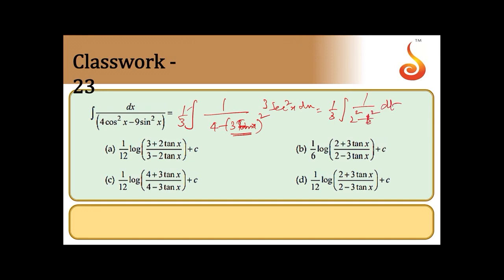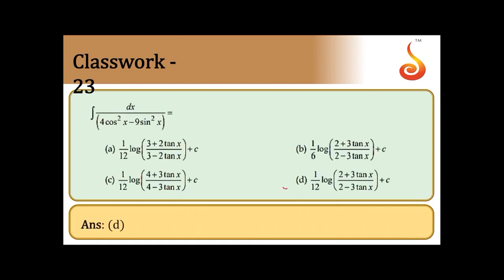And therefore 1 by 3 multiplied by 1 by 2a log mod a plus x by a minus x, the formula. 1 by 2a, 2 2s are 4. So log mod 2 plus 3 tan x divided by 2 minus 3 tan x. So 1 by 12, of course, here 2 plus 3. Yes, 2 plus 3 is only the D option. So the answer is D option.